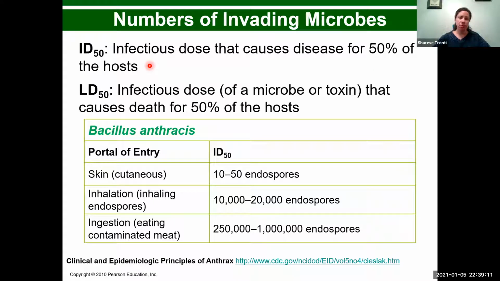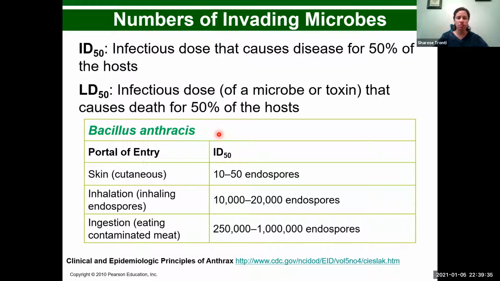So for example, down here, we're looking at Bacillus anthracis. This is the microbe, actually a bacteria, that causes anthrax. It has 3 different portals of entry, which is going to cause 3 different diseases. But we see also here that depending on the portal of entry, it has a different infectious dose.